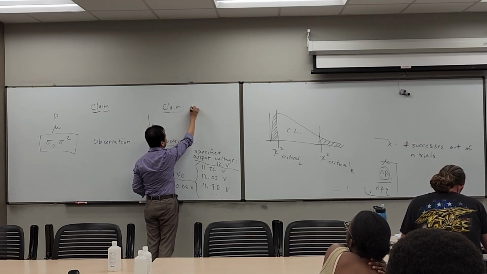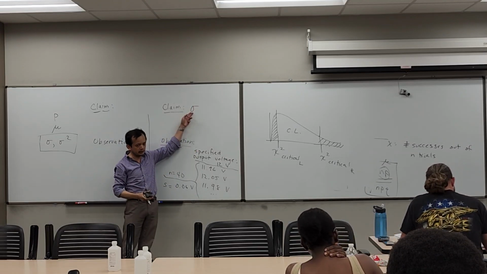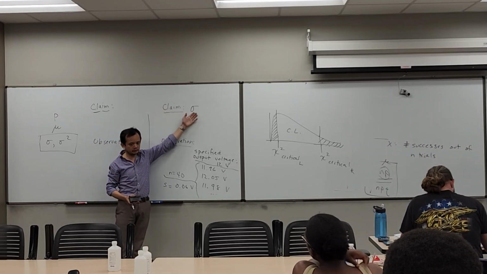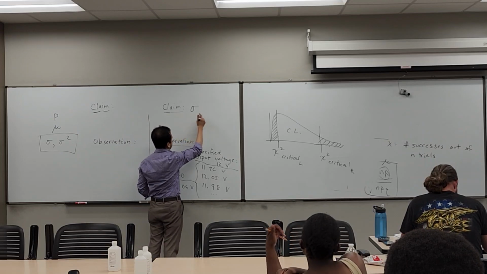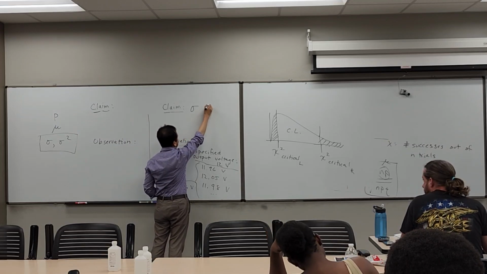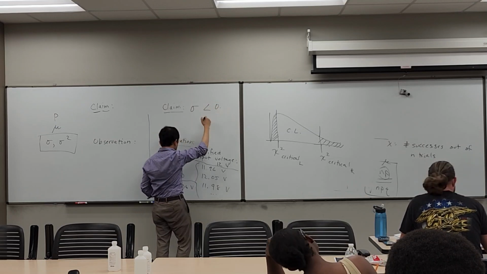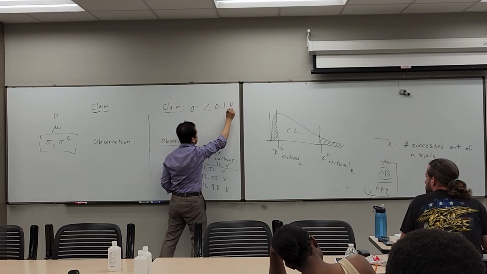So the population standard deviation, we're going to notate as sigma. Remember, a claim always has to do with population measurement. So the standard deviation, let's say, is less than 0.1 volts.